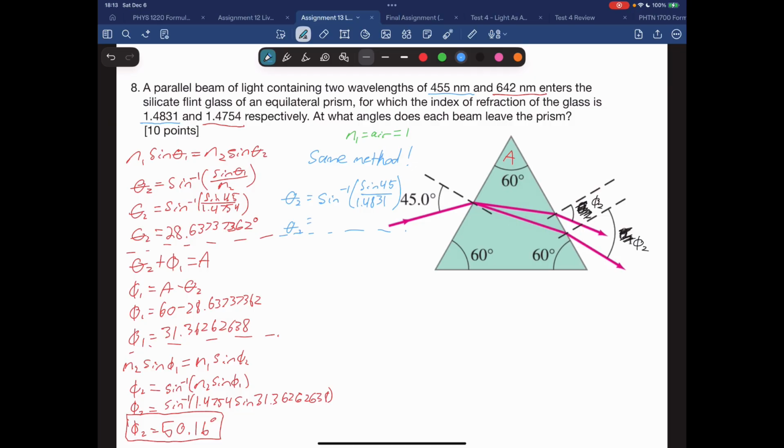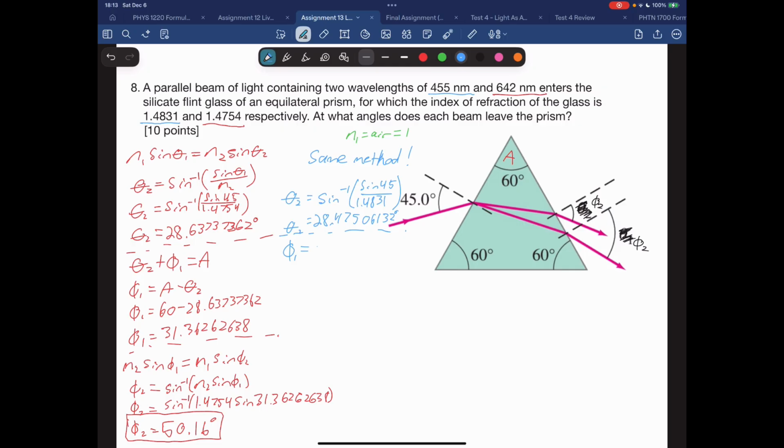So theta 2 is equal to 28.47506132 degrees. And again, this is the same formula, same method.